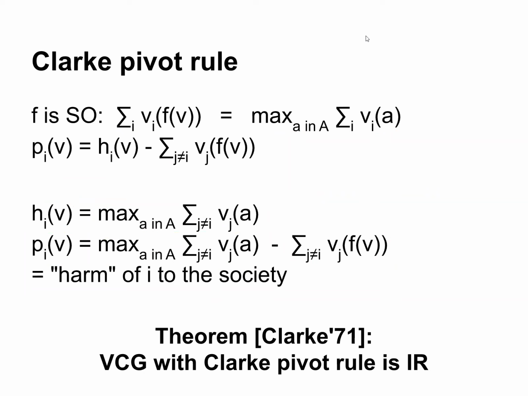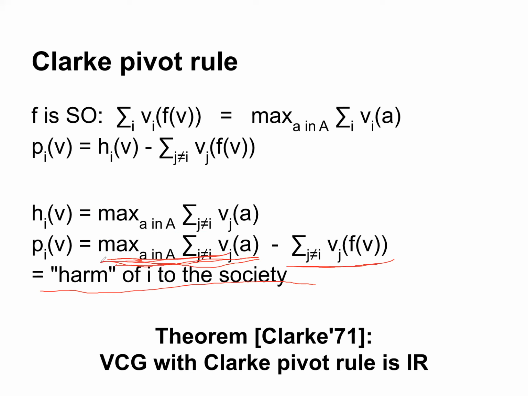Again, this is how much the society could have been happy if user I were not in the picture at all. And here is how much the society is happy when user I is in the picture. So in a sense, the price that user I pays is the harm that user I brings to the society. Because of user I, the total happiness of the society went down from this to this.